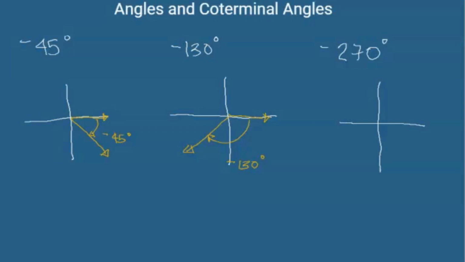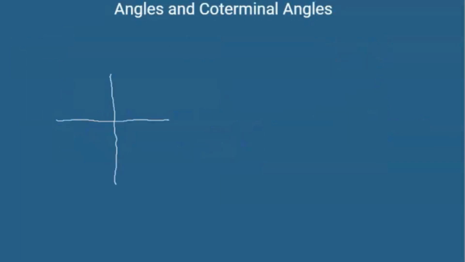For negative 270, so again, our initial side would be on the positive x-axis, and 270 is here. This is the terminal side. This is negative 270 degrees. Okay, I hope that's clear.